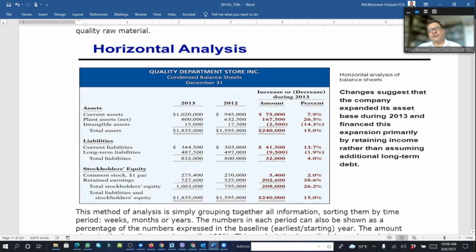So what would be the decision-making purpose? Look here, it says current asset increased 7.9%.